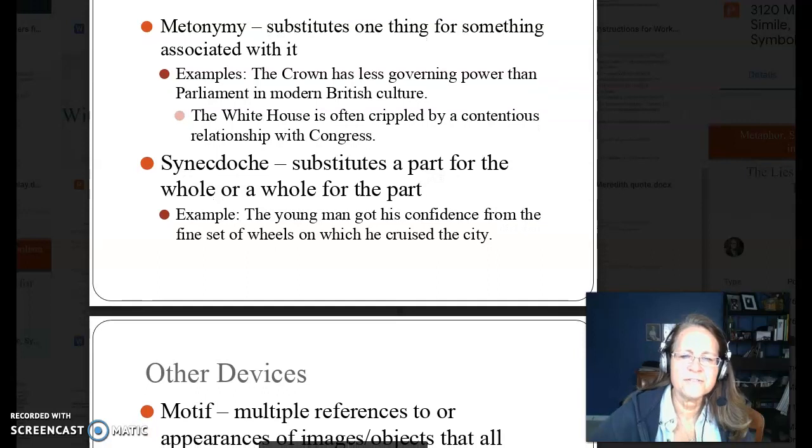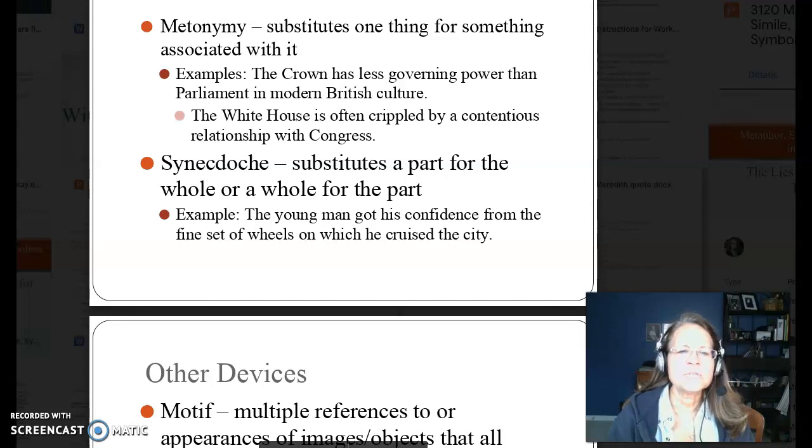A couple other figures of speech that are often used are metonymy and synecdoche. With metonymy, the writer substitutes one thing for something that is commonly associated with it. So for example, rather than saying the members of the monarchy have less governing power than the elected officials who serve in parliament, that would be a very expository way of expressing that idea.